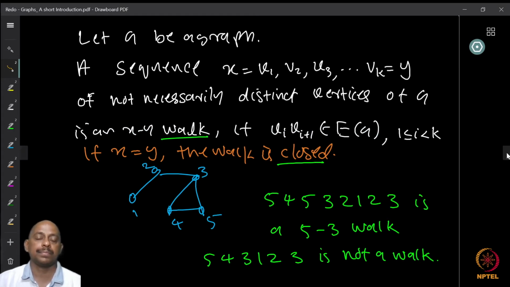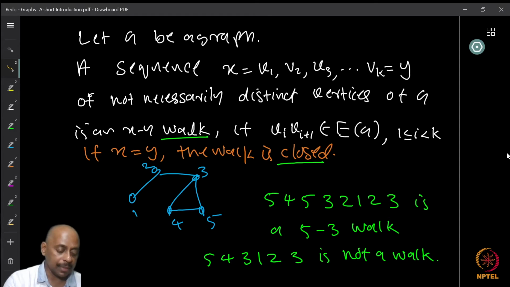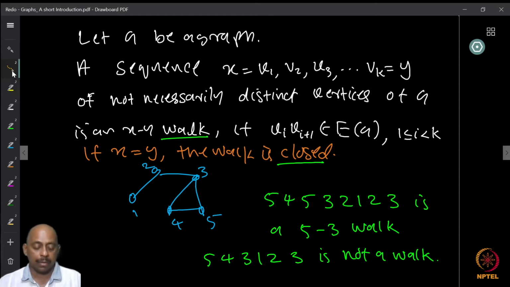Now, let us take a graph G, and let us look at this example first. Let us say that I start from a vertex, let's say 1.